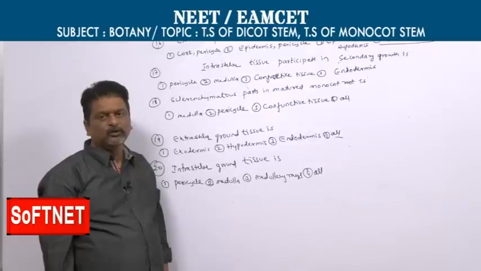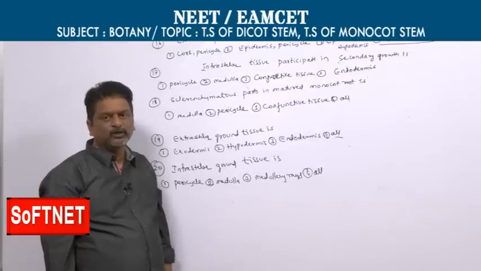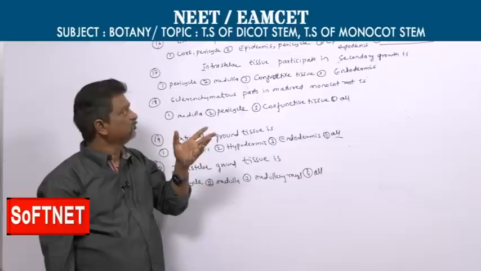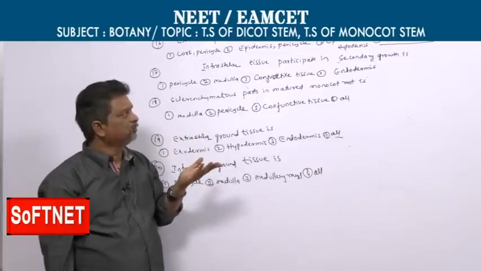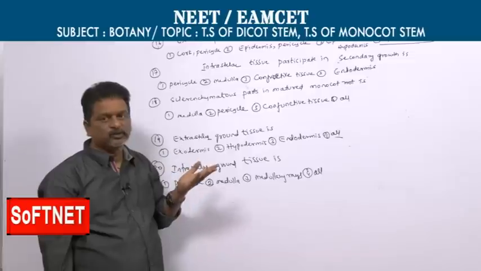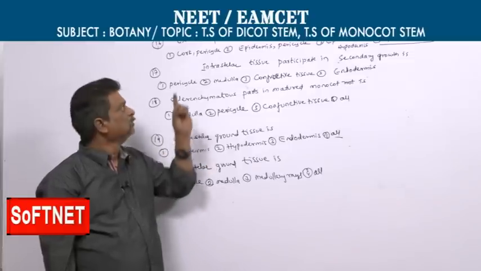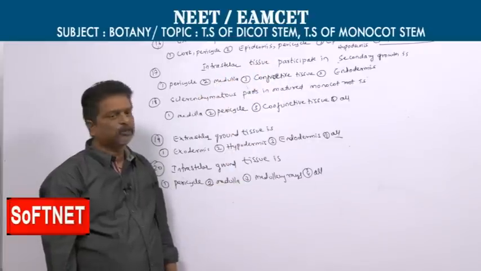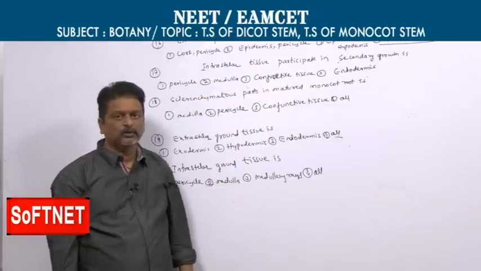In old root, outer cortical cells become suberized and form exodermis. This exodermis forms the protective layer. So for external protective tissues, young root means epidermis, old root means exodermis. So both epidermis and exodermis.